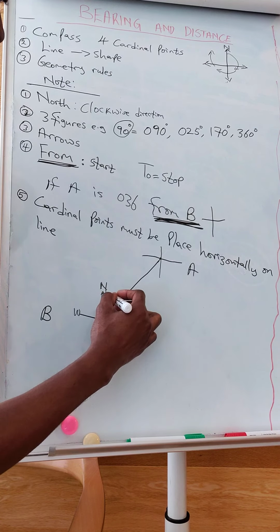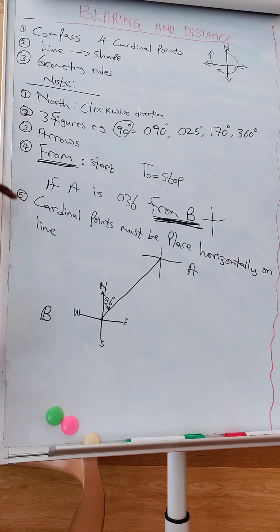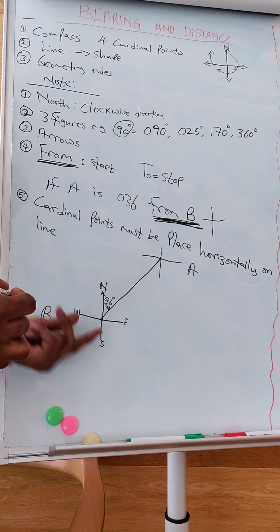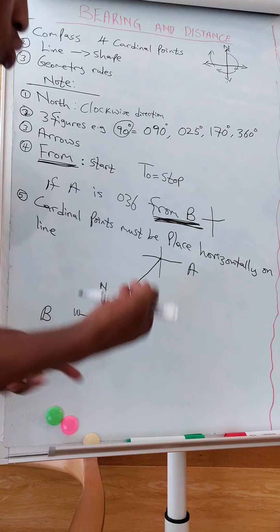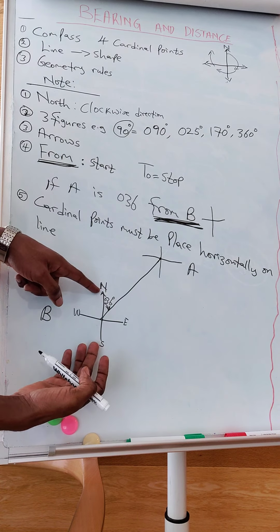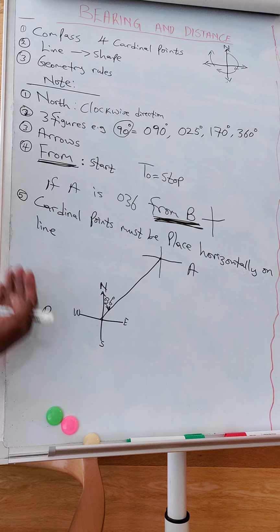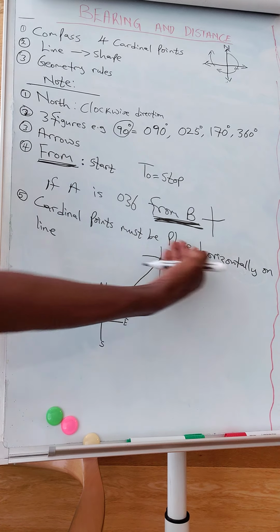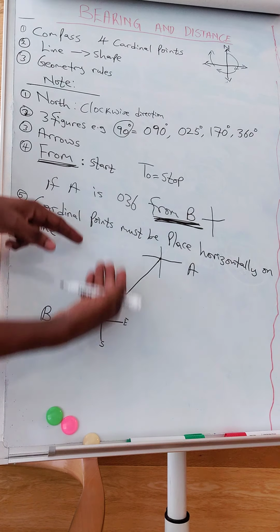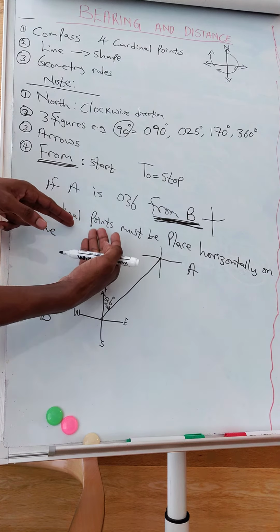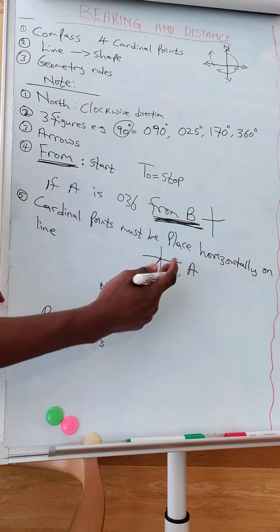Another thing I want you to take note of is that whenever you are drawing, always start in such a way that there is space around whatever you want to draw. You see where I place my first cardinal point, there is space on every side. If you place your first diagram close to whatever you have written, you might end up cleaning it because you don't know where the line might go.